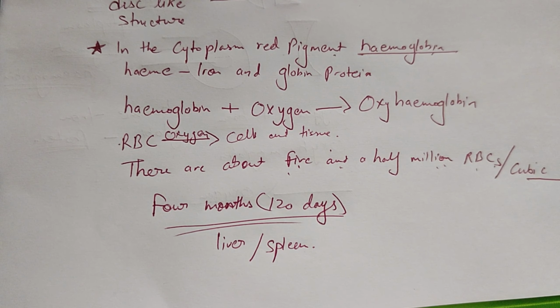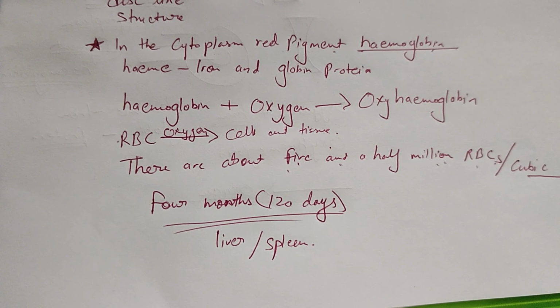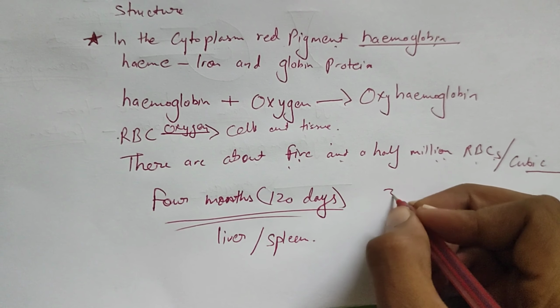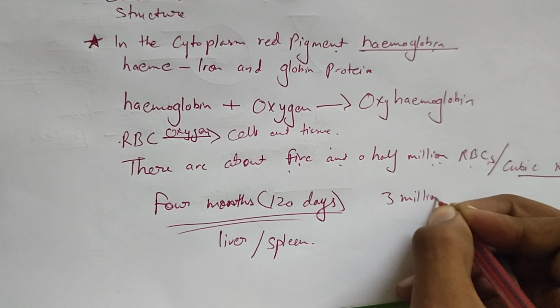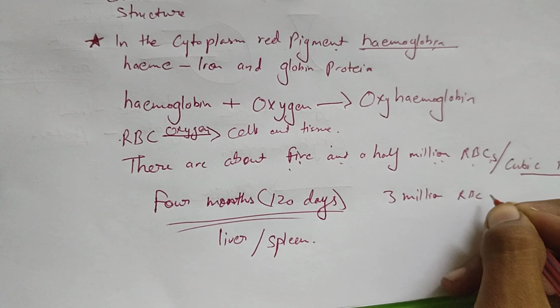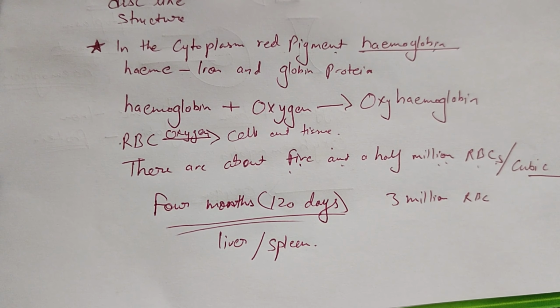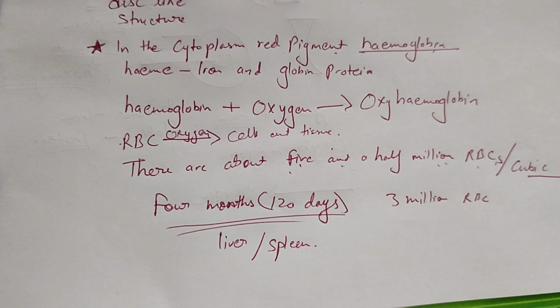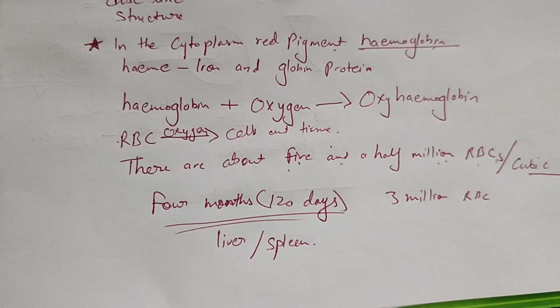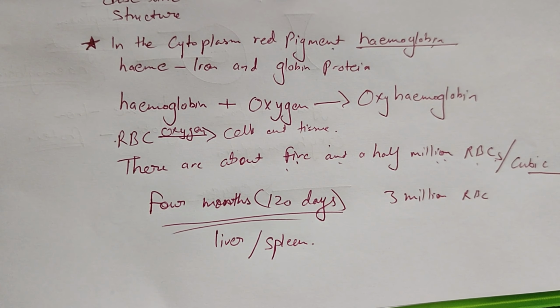Okay, but about 3 million RBCs are destroyed each day, and about 4 times that number are formed every day. You can count.